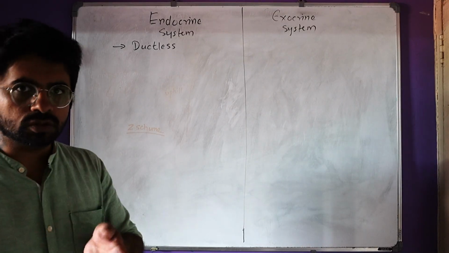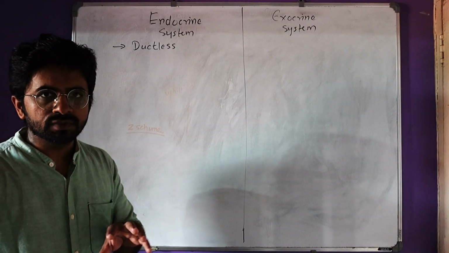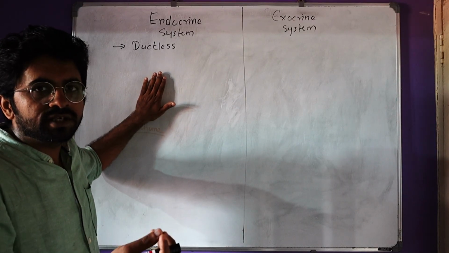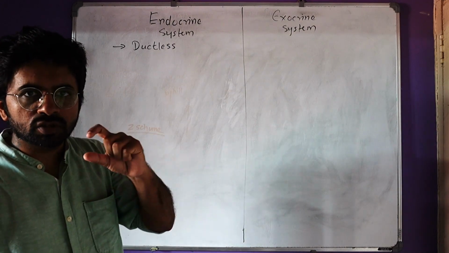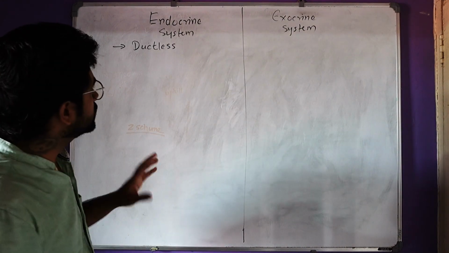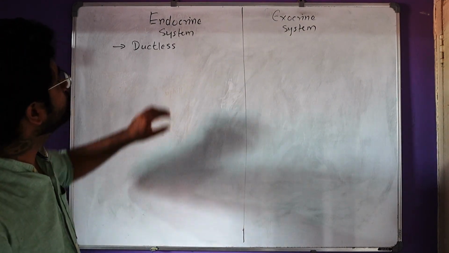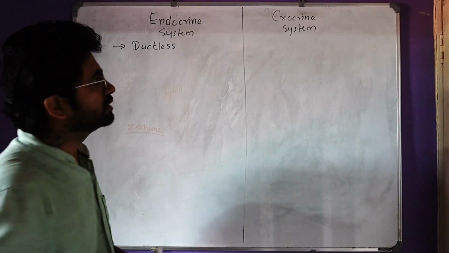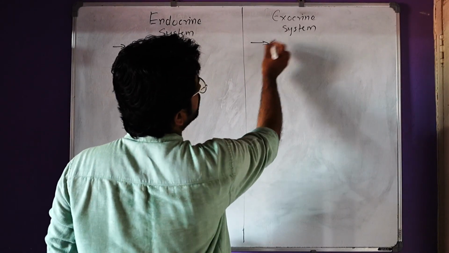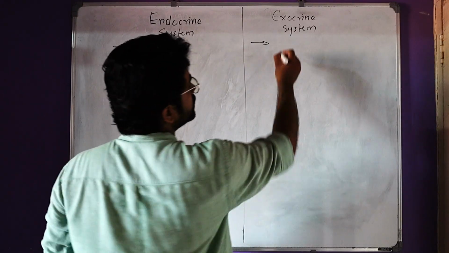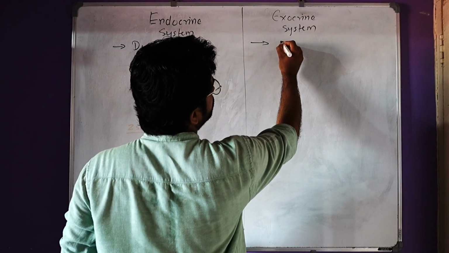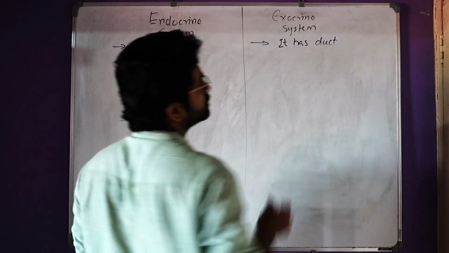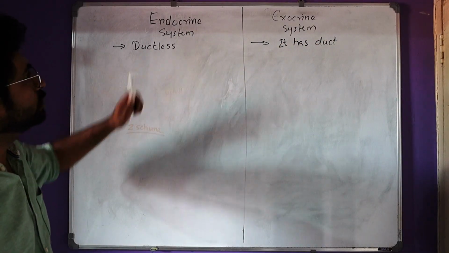Specifically in this case, hormones are also proteins. So any chemical, in this case hormone, if secreted by a tube like structure, then it is a duct. But endocrine system does not have duct, whereas exocrine system is having duct for the secretion.